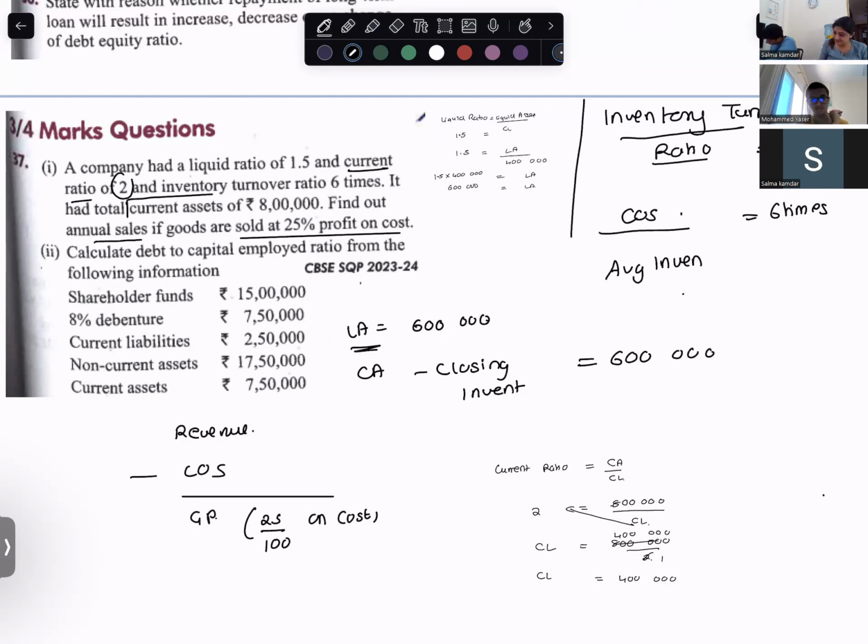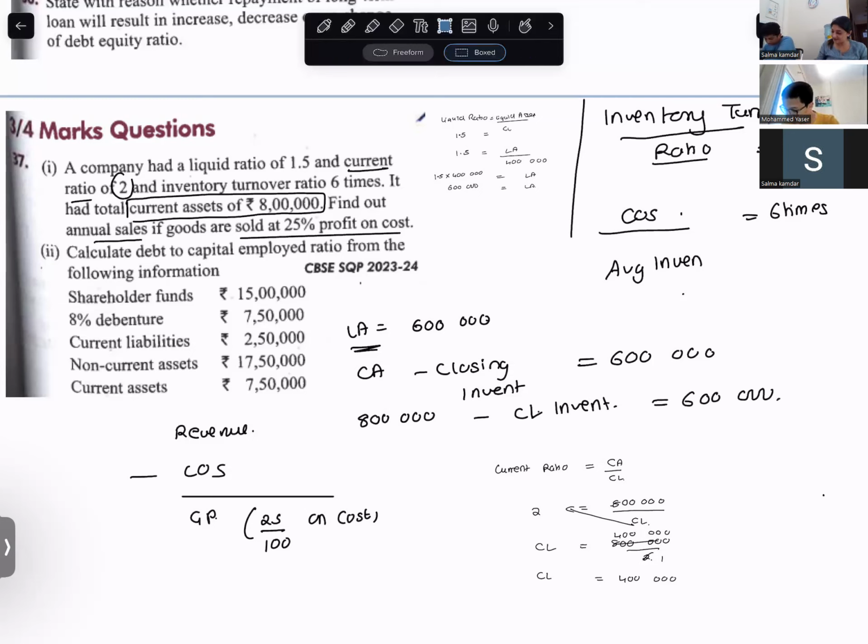Yes, current assets is 800,000. I don't know my closing inventory. So current assets minus closing inventory will become 600,000. Find out the closing inventory for me.